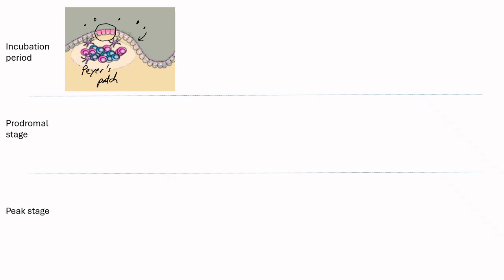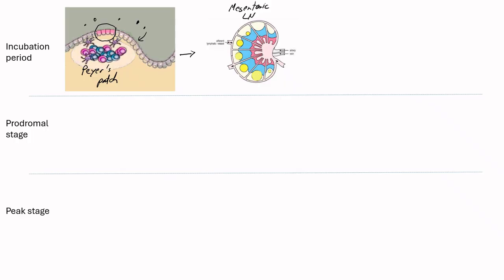Okay, so the bacteria are now within those dendritic cells and macrophages. They are next going to be transported to the draining lymph nodes, which are the mesenteric lymph nodes. Lymph nodes represent the place where they can go from the lymphatic system into the blood.